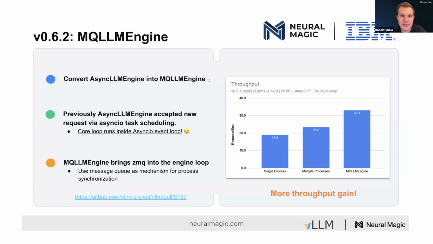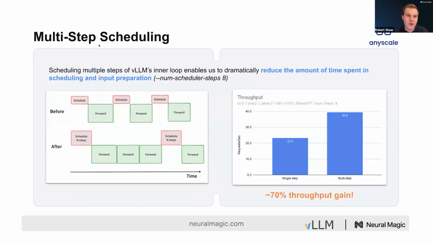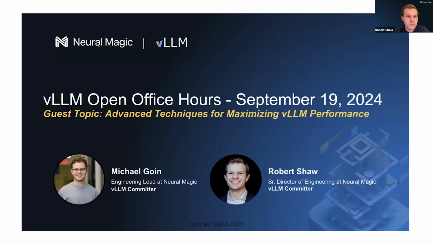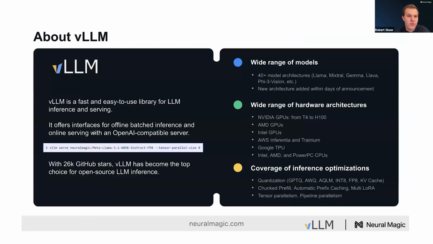There's one other thing that someone asked about: what's the API server written in? One thing that is really great about vLLM is that we offer multiple interfaces. Michael talked about up front that we have the offline batch and the API server, which are both great interfaces.